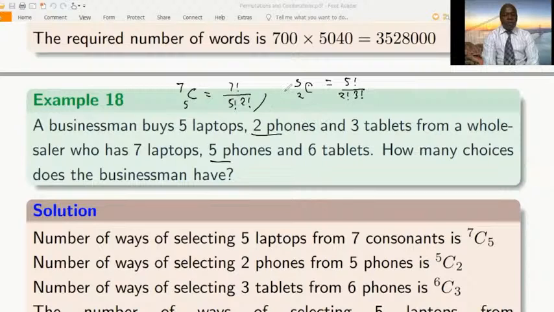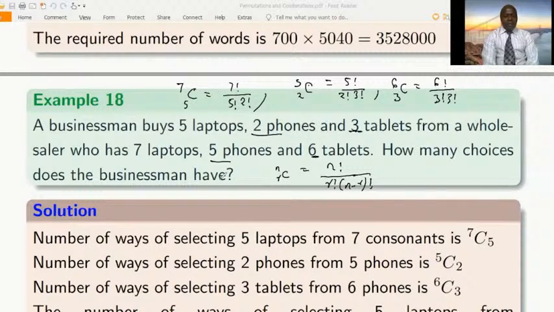What was the formula here? The formula was that combination of n objects taken r at a time would be n factorial divided by r factorial times n minus r factorial. Then the tablets: combination 6, 3, which is 6 factorial over 3 factorial, 3 factorial.